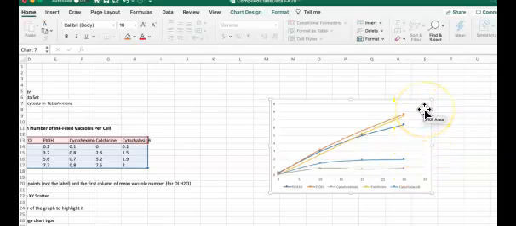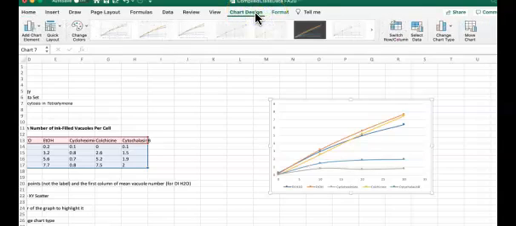The first thing you have to do is click on your chart. Remember, when you click on a graph in Excel, you're telling Excel to pay attention to it. I want to do something with this graph. Then you're going to want to go up into your menu bar, and you're going to want to click where it says Chart Design.